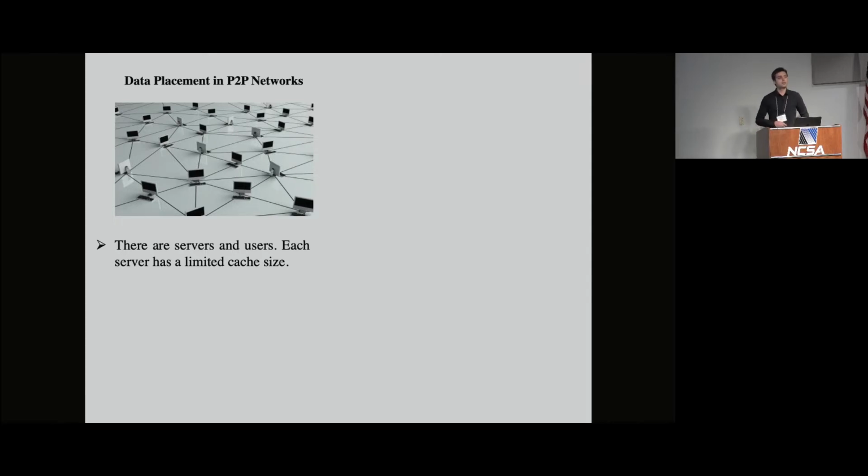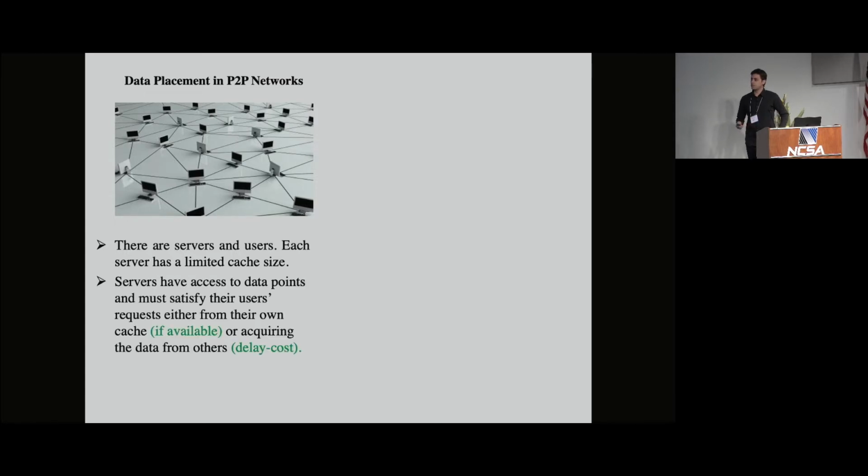When clients come to these servers and request some data, either you have the data in the cache, which you simply provide to the client, or you have to request that data from the closest server which has that data in its cache. That incurs some delay cost. And the question for the platform is how to distribute the data in the cache of the servers in order to minimize the total delay cost.